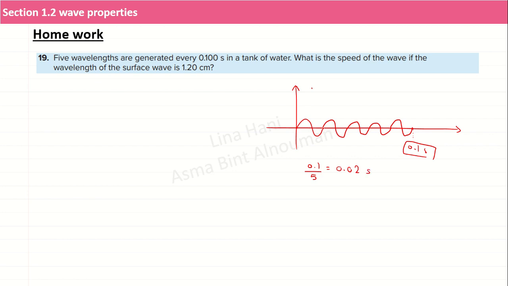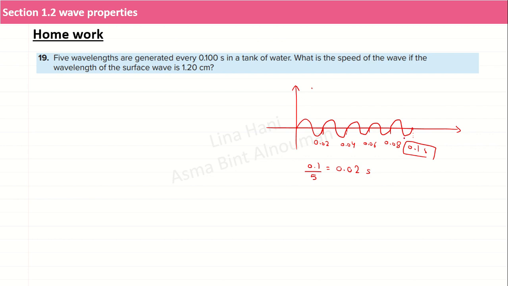So this wave is created during the first 0.02 seconds, plus 0.02 gives 0.04, plus 0.02 gives 0.06. This is the third wave. Plus 0.02 gives you 0.08. This is the fourth wave.